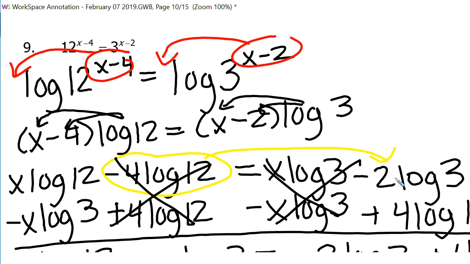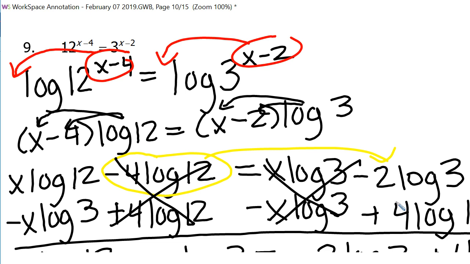So after you get your x logs on one side, factor out the x to get the x by itself. And when I factor out the x, I'll have log of 12 minus log of 3 equals negative 2 log of 3 plus 4 log of 12.